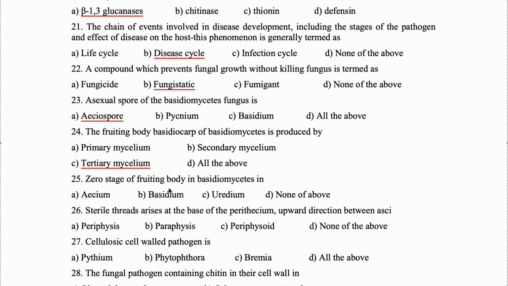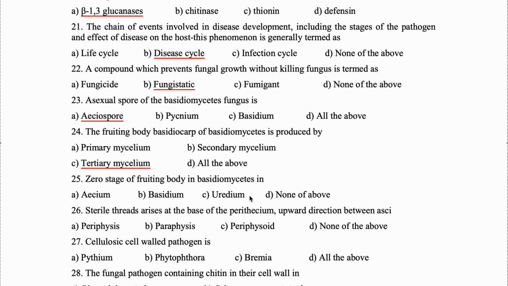Question 25. Zero stage of fruiting body in Basidiomycetes. Options are aecium, basidium, uredium. Can you see any answer that is correct? Zero stage. Nope. In Basidiomycetes we have a total of 5 stages: zero stage, stage 1, stage 2, stage 3, stage 4.